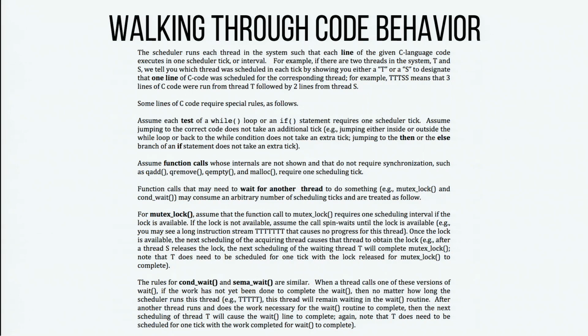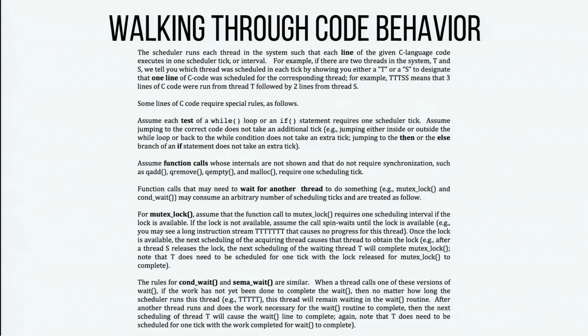Except I need to ask you about synchronization, so we need to look into some things about synchronization. I want it to be the case that if I give you a while loop, it takes 1 timer tick to do the whole while condition check, and 1 timer tick to do the whole if condition check. If I give you a C function and don't show you the insides of it, like qadd or qremove, just assume that it takes 1 timer tick to do that whole function. And then here's the part that is the point of this question.